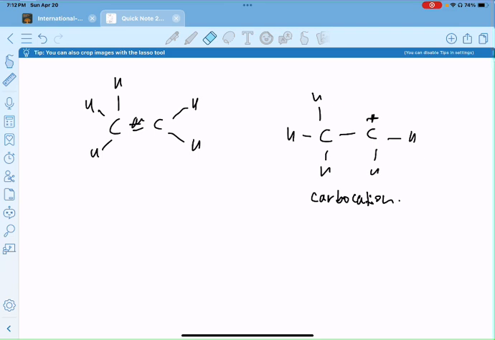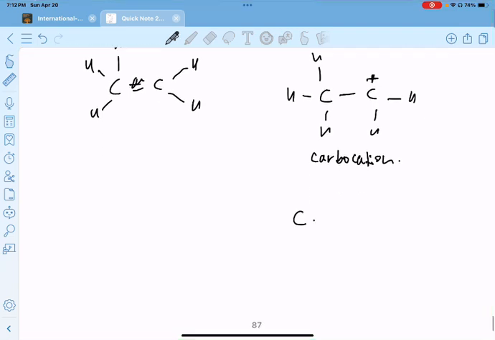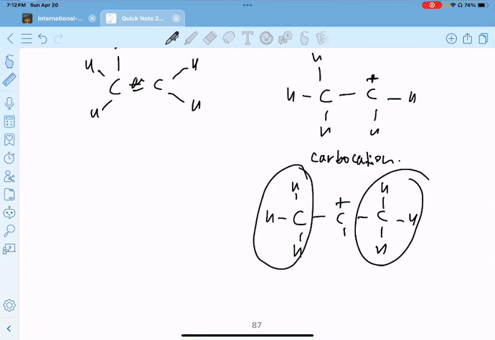How do we draw a secondary one now? If you have propene and you break this bond, then you'll have a secondary carbocation. The carbon with the plus is in between two methyl groups.